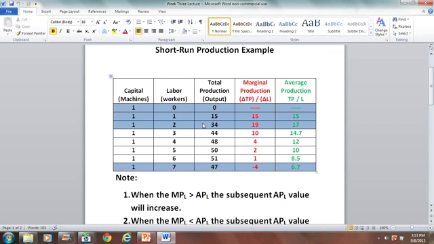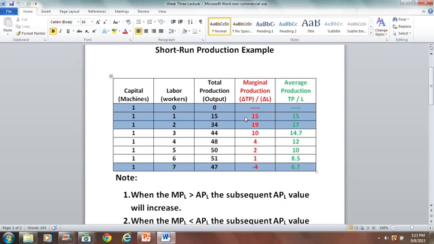All right. Once you have the total production numbers, then you can calculate these 2 byproducts: marginal product of labor and average product. Again, marginal product is focusing on the impact of the next worker hired. How does he or she affect overall output?